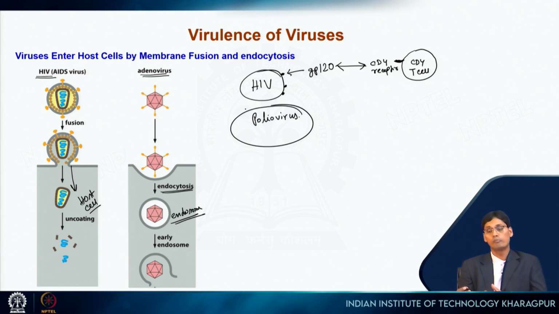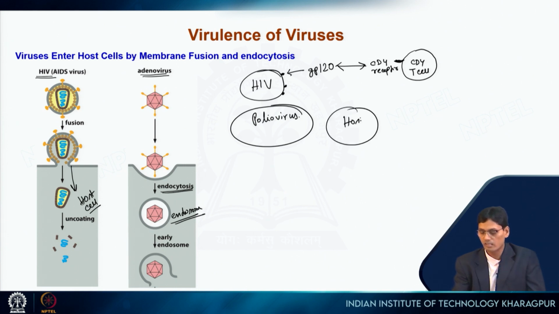They use the poliovirus receptor, the name is also poliovirus receptor, that is present on the surface of the host cell. So if I say this is the host cell, they utilize a receptor called PVR, poliovirus receptor, right? Now, another common virus, I would say, is measles virus.